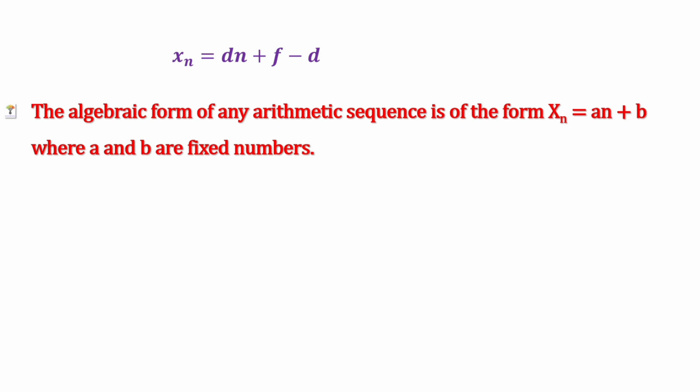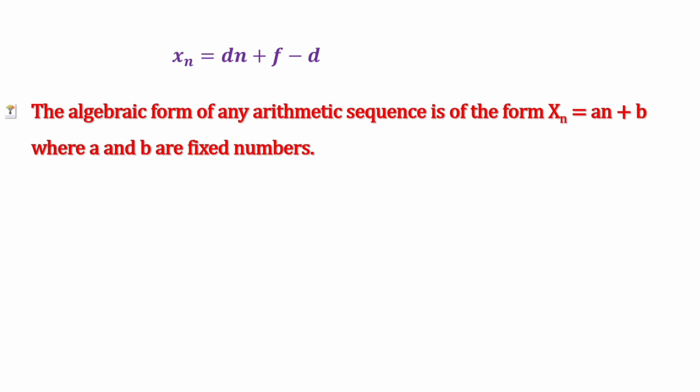In our example, we have seen that xn equal to 3n minus 2, and we have seen that xn equal to 9n plus 10. So this fixed number can be positive or negative. Can it be 0? Of course, in some sequences, sometimes the first term and common difference are same. In those cases, f minus d is 0, and therefore xn will be of the form dn.